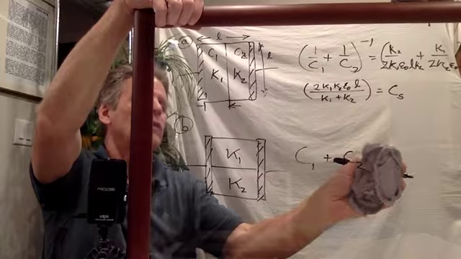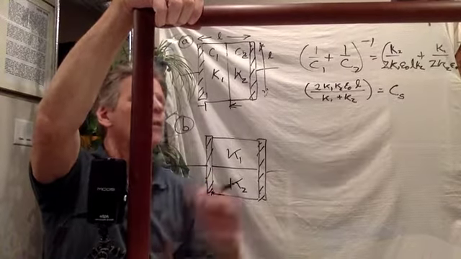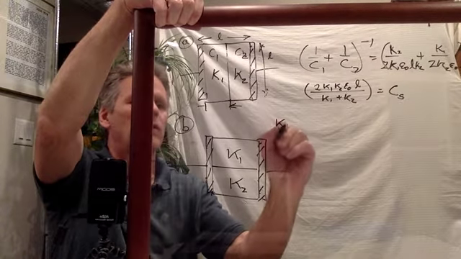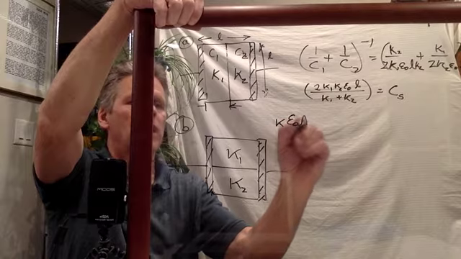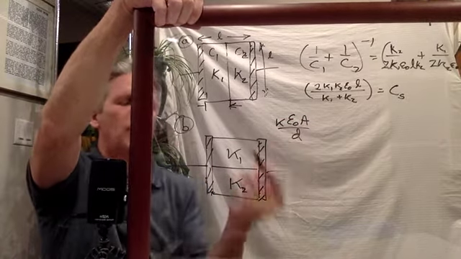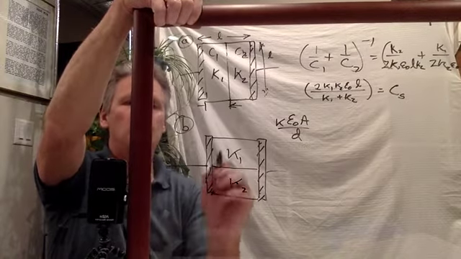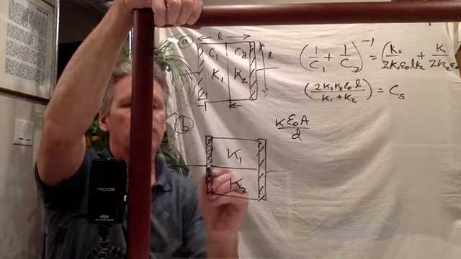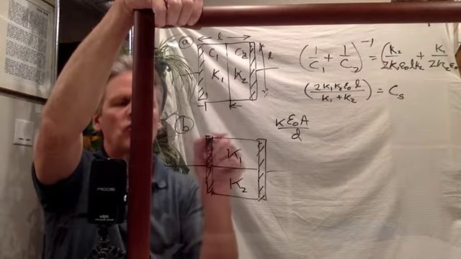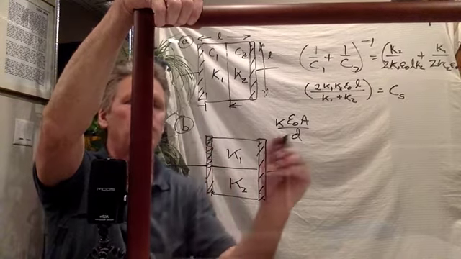Okay, now we're just going to do this C1 plus C2 over here. Once again, all we have to worry about is kappa epsilon 0 A over D. That's the capacitance of each one of these. Well, what is it? This time, the area is L in one dimension, but it's only L over 2 in the other dimension.